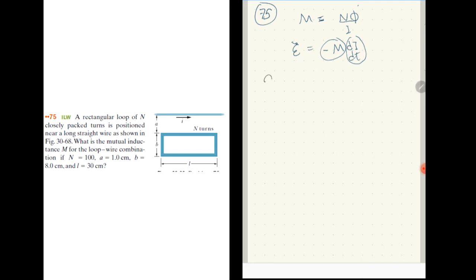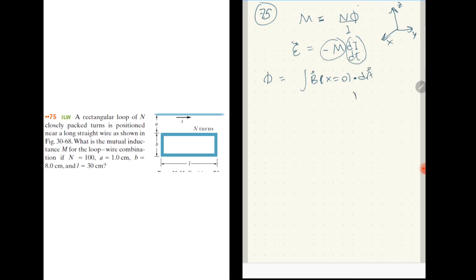So we have to determine the magnetic flux, which equals the magnetic field at the position x equals 0, times, or better, the vector product with dA.